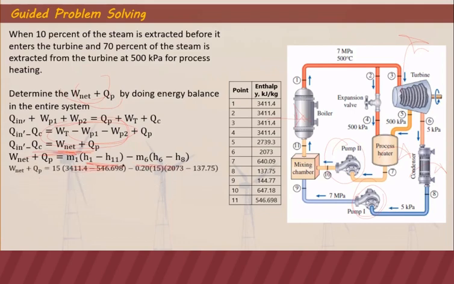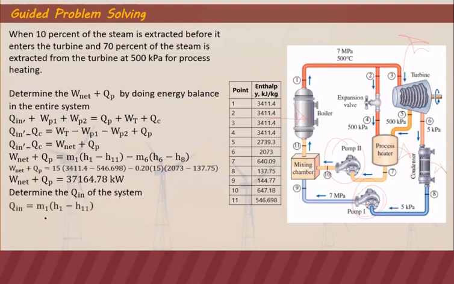So if we substitute the values, our work net plus QP is 37,164.78 kilowatts. And our Q in for the entire system is just equal to the mass flow rate in the boiler times the change of enthalpy in the boiler, and that is 42,970.53 kilowatts.